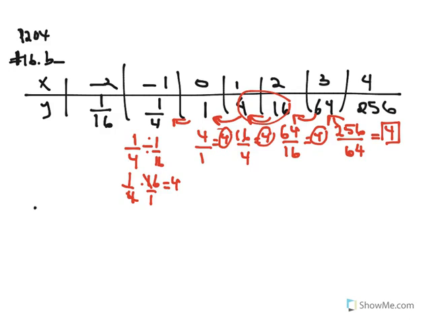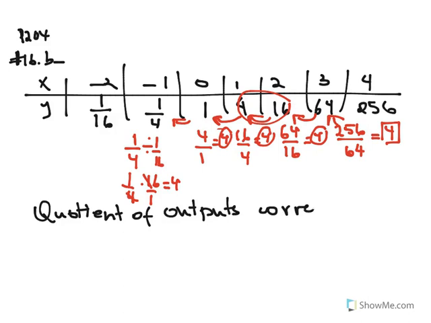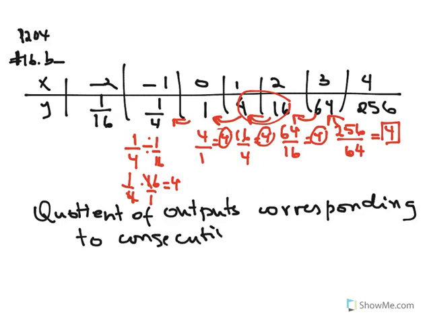Okay, so this number right here, let me write what we found. I found that the quotient of outputs corresponding to consecutive inputs is constant.